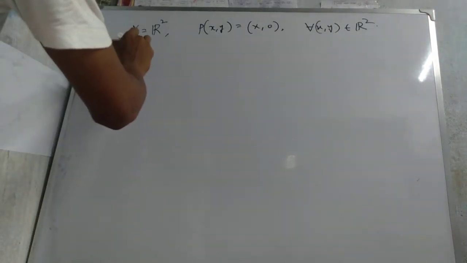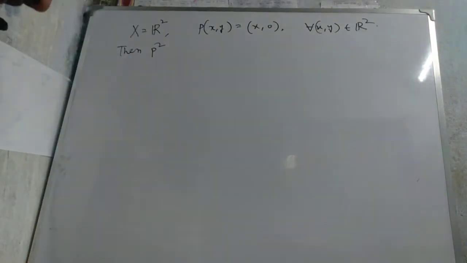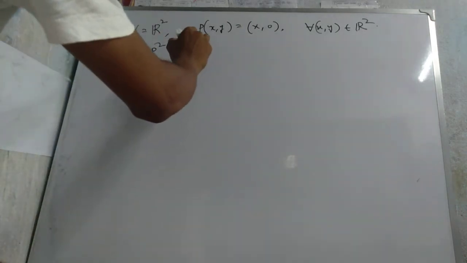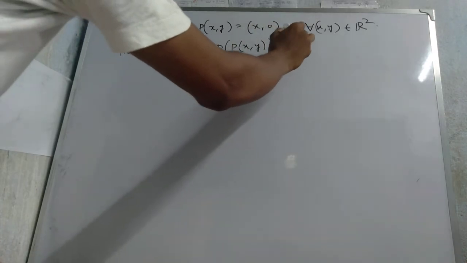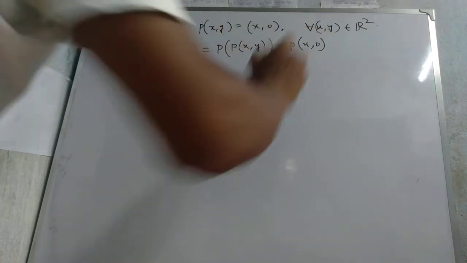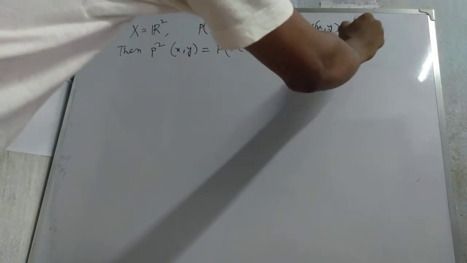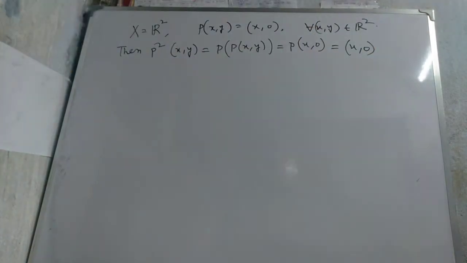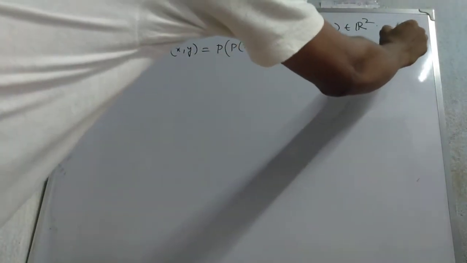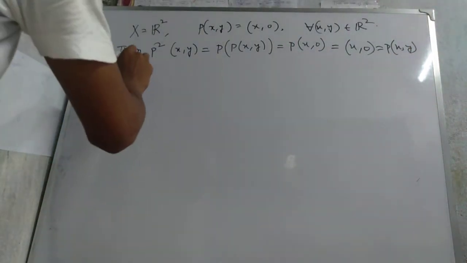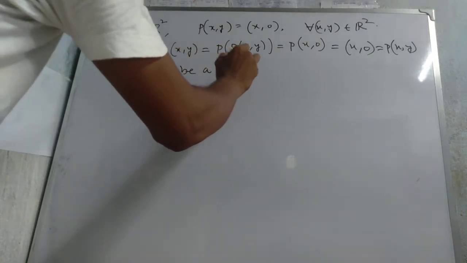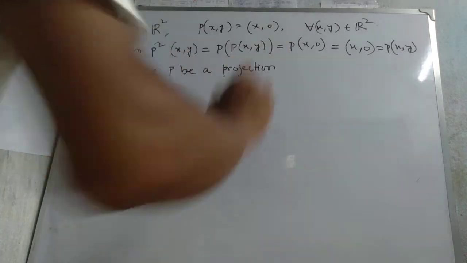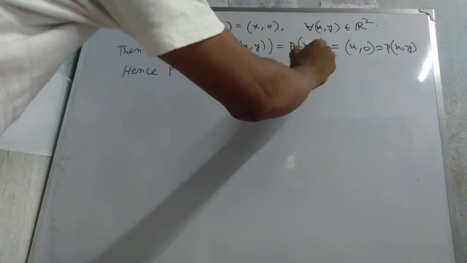Then P square of (x, y) equals P of P(x, y), then P of (x, 0), this equals (x, 0), this equals P of (x, y). Hence P is a projection operator.